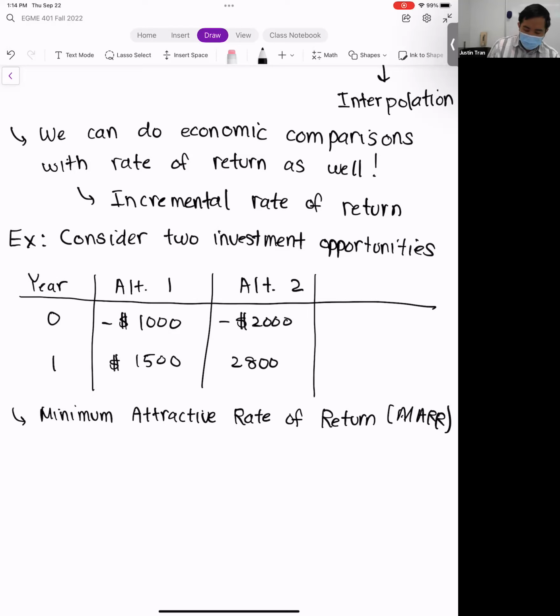It's a mouthful, so we shorten it to MARR. What it represents is basically the minimum rate of return that we would want in order to make this investment worth it.